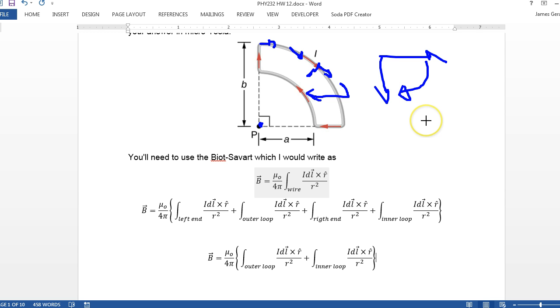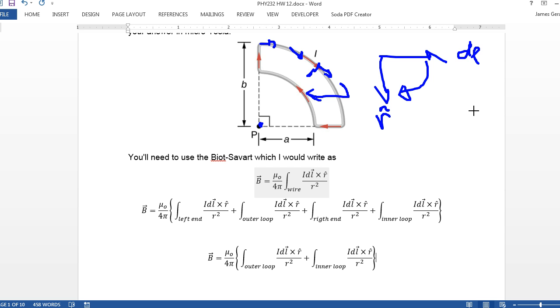Well, by the right hand rule, you stick your right thumb in the direction of dl, and you stick your right forefinger in the direction of r hat, and put your middle finger out perpendicular to those two.